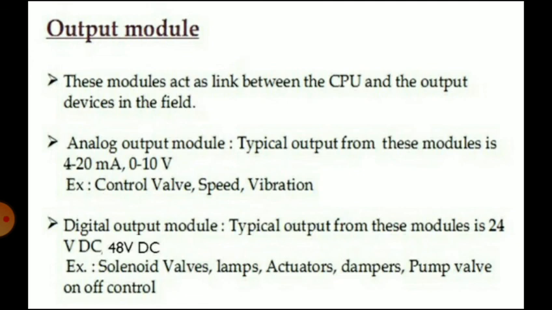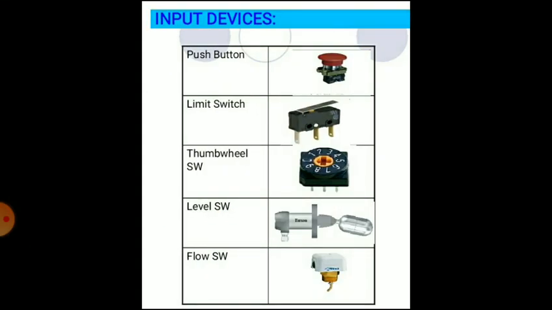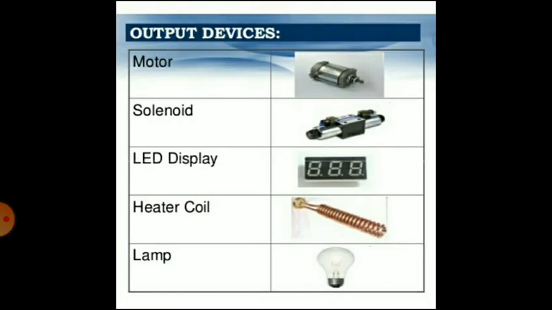The analog output devices are the control valve, speed, vibration, and the digital output modules or devices are the solenoid valves, lamps, actuators, dampers, pump valve, on-off control, etc. So you can see the different input devices: the push button, limit switches, thumb wheel, level switch, flow switch. And the output devices, that is motor, solenoid, LED display, heater coil, and the lamp.